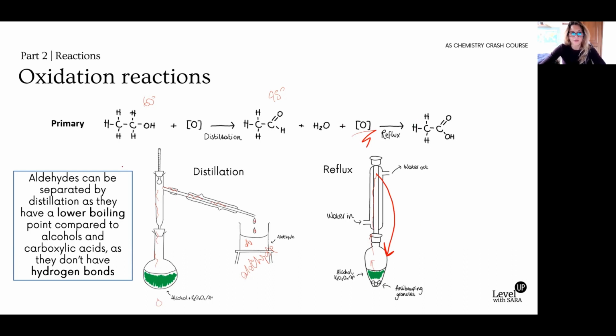So if we have an oxidation of a primary alcohol under distillation, we would get an aldehyde because it can be separated. But if it's under reflux, the reaction would continue up to the end, so we would get the carboxylic acid. So that's important to remember, because different conditions would result in different products for the oxidation of primary alcohols.